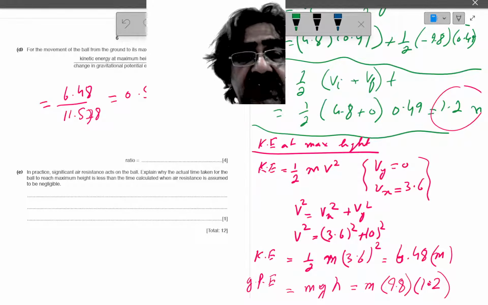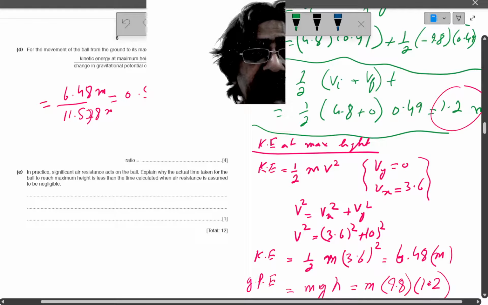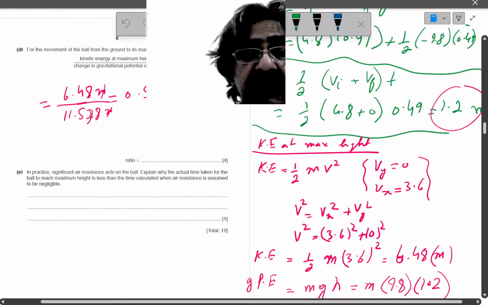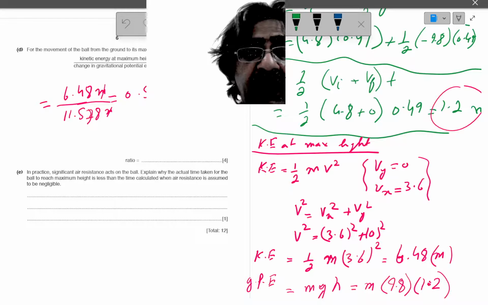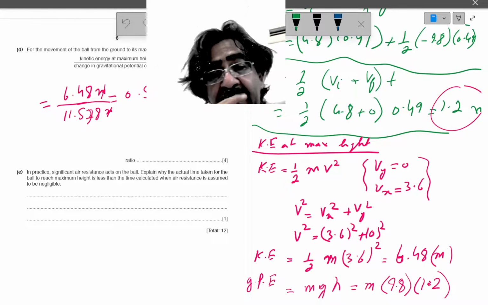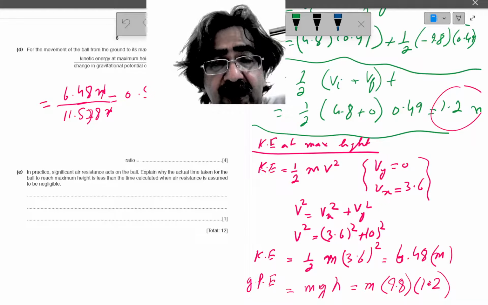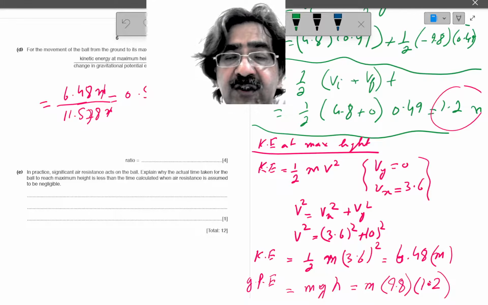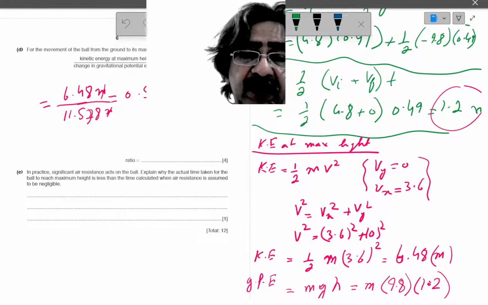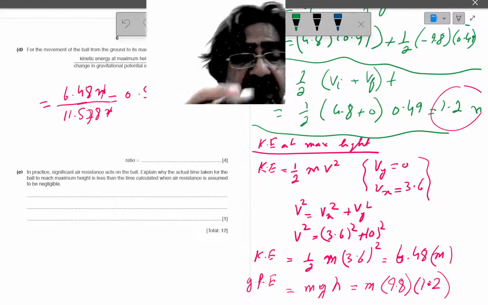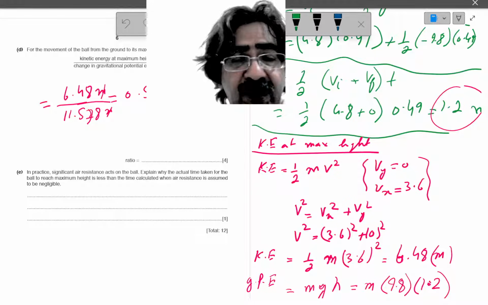Oh, sorry, the mass will be cancelled. Here is a mass and here is a mass. So the result will be in joule. Oh, sorry, not joule, because the joule will be cancelled with the joule, so this will be a ratio only. There will be no unit.